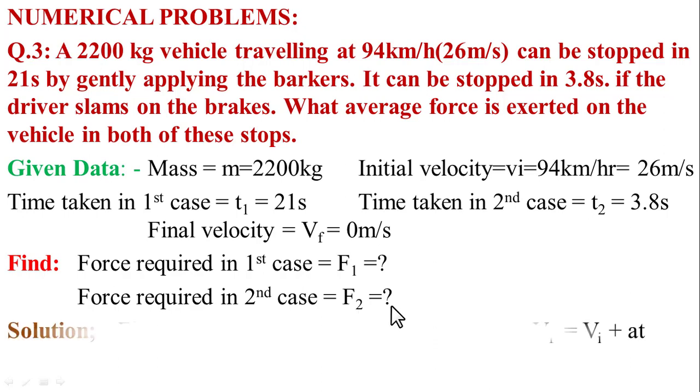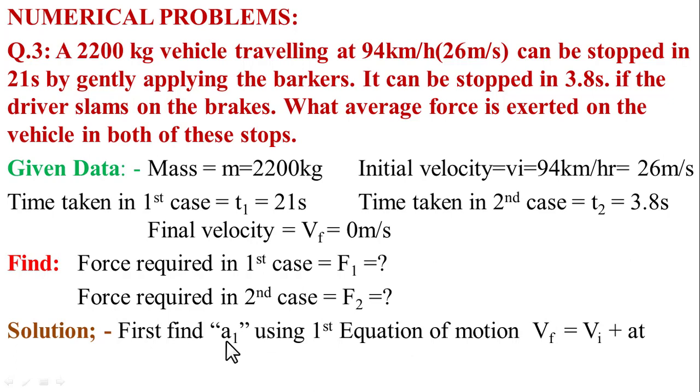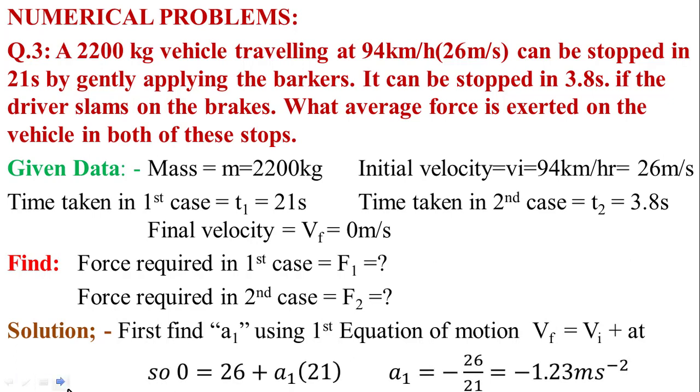First of all, we find the acceleration in the first case. So we find a1 by using the first equation of motion. In the first equation of motion, Vf is equal to Vi plus at. Putting the values, Vf is equal to 0 and Vi is equal to 26 plus a1 into time t1, that is 21 seconds.